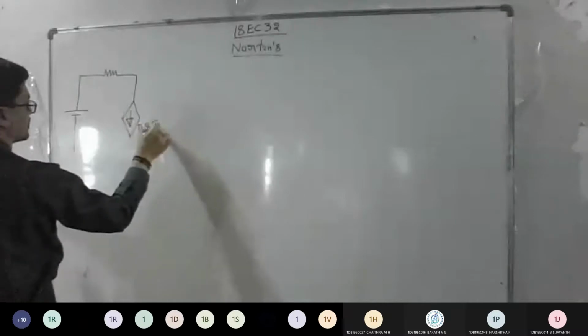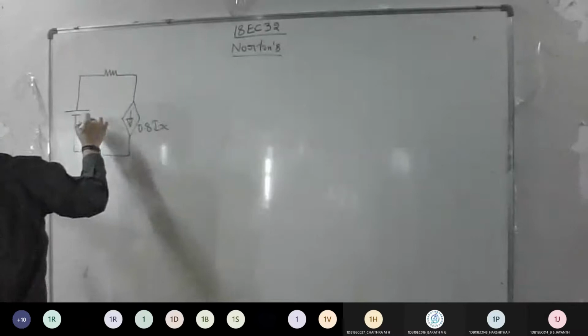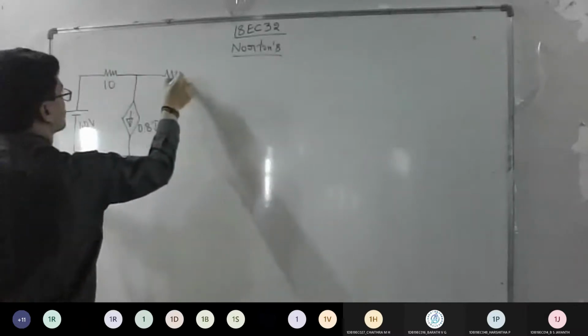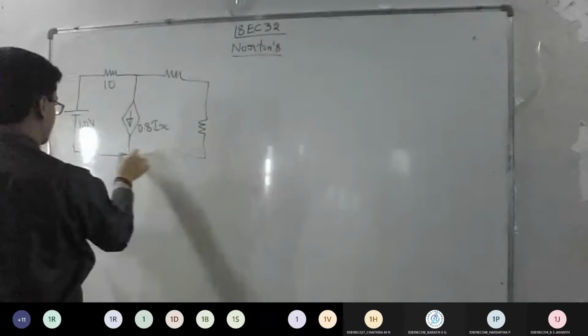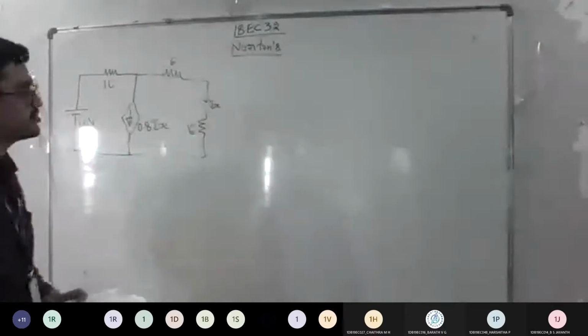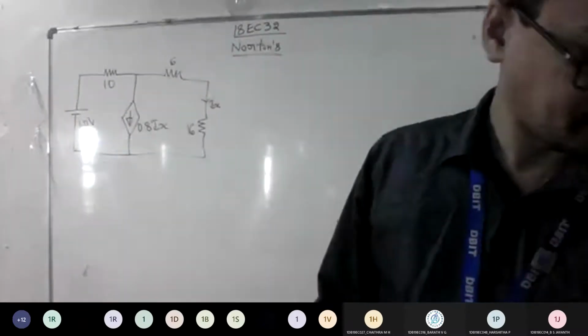So write the network. The network is given with a dependent source. Across 16 ohm, so 6 is here, 16 is here. This is 16, this is where your Ix flows and this is your 6 ohm. So this is the given electrical network.